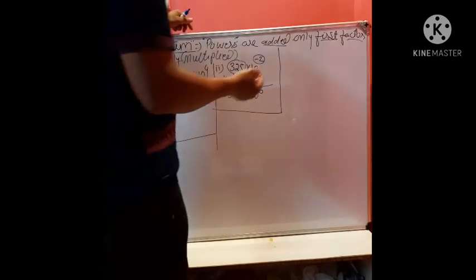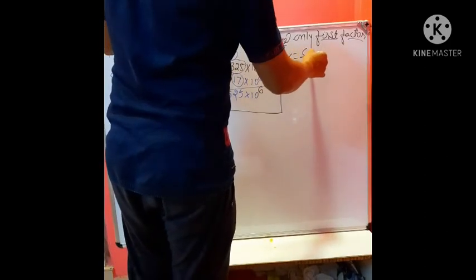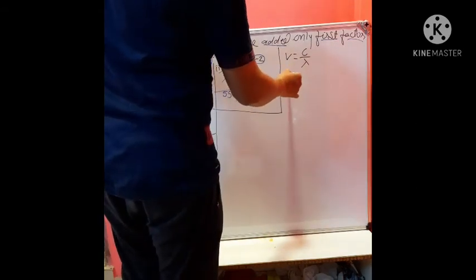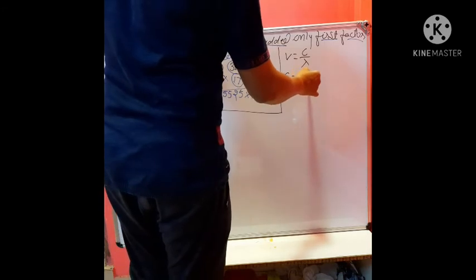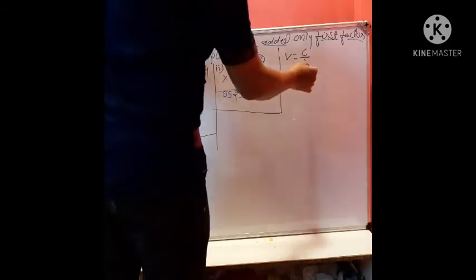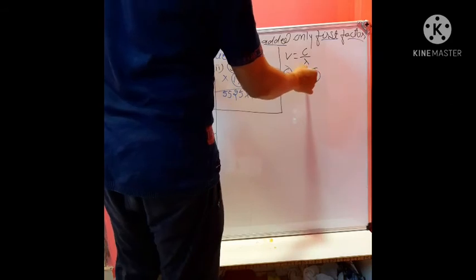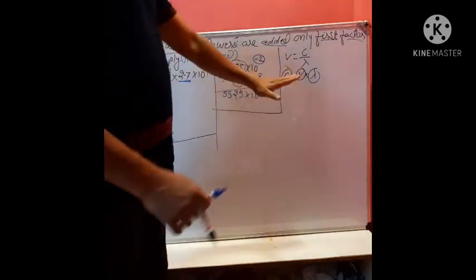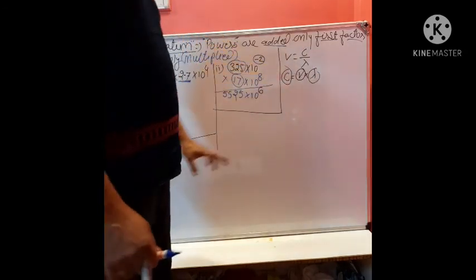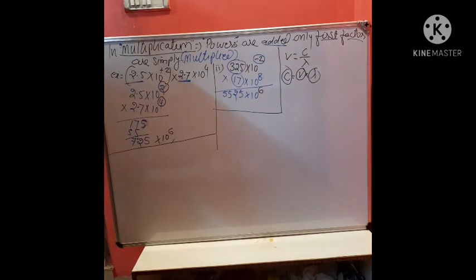Like, student, you know one very simple formula, which in 9th class you have already studied: V is equal to C by lambda, or you can say C is equal to frequency times lambda. So if you have to find C, or lambda, or frequency, these are given with a very big number or a very small number. So at this time we can use scientific notation.